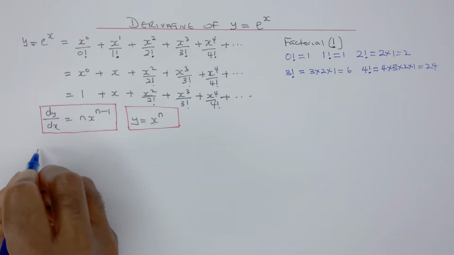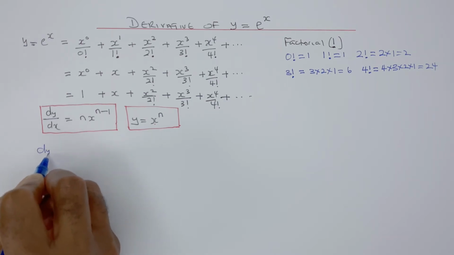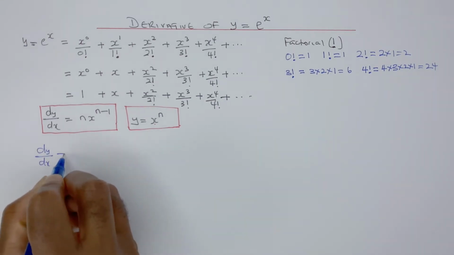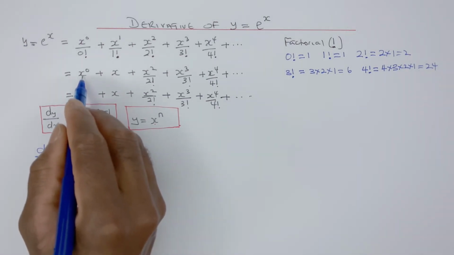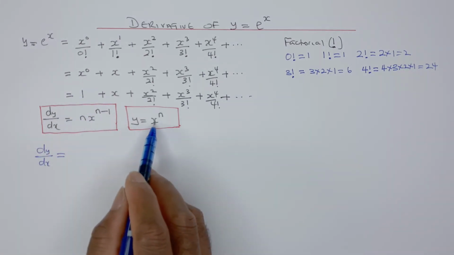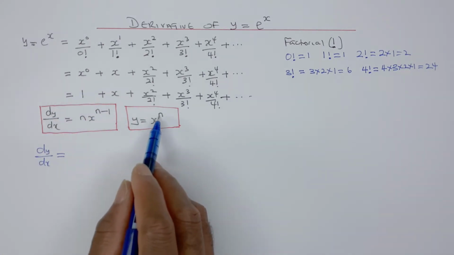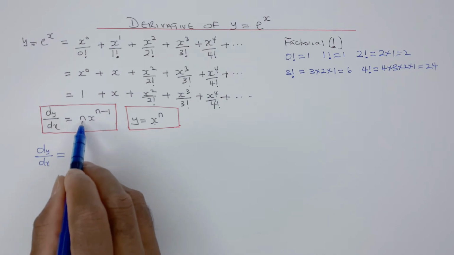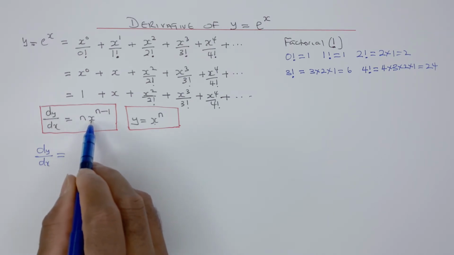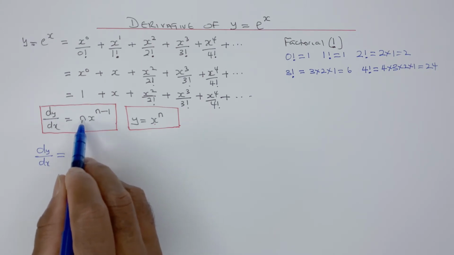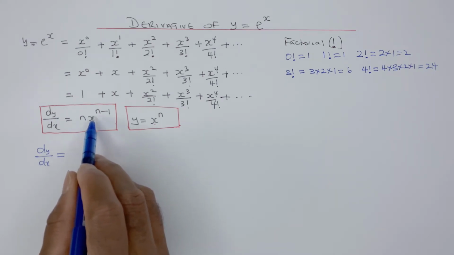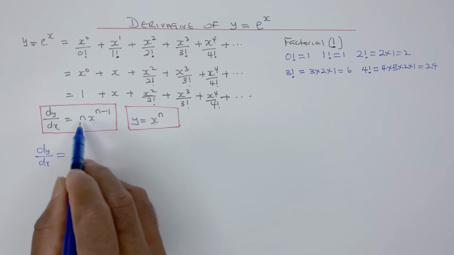So dy/dx will be equal to, for that one, well, x, n is 0. So 0 times x, automatically the answer there is 0, because 0 times x to the power 0 minus 1 is basically 0.